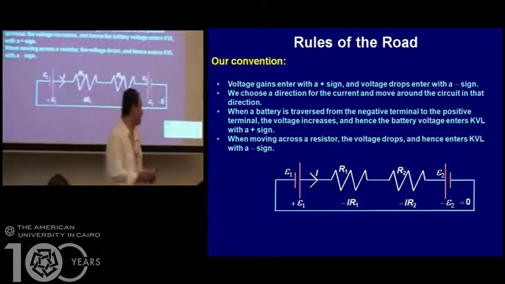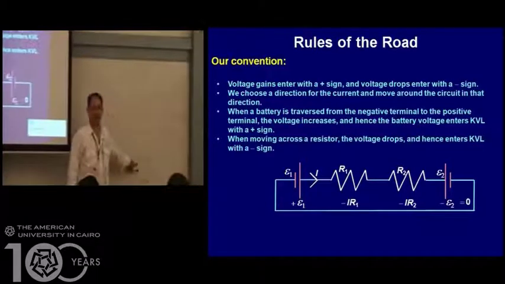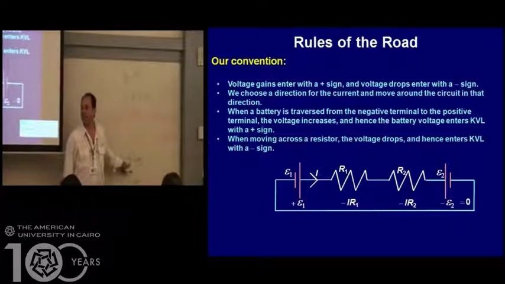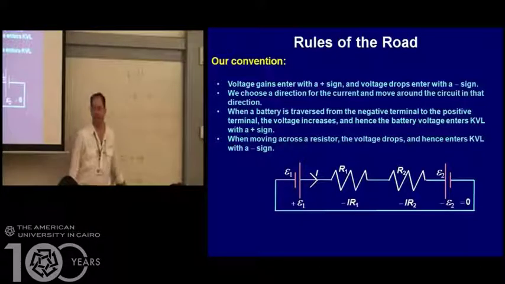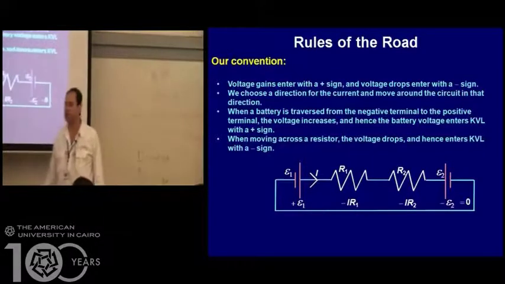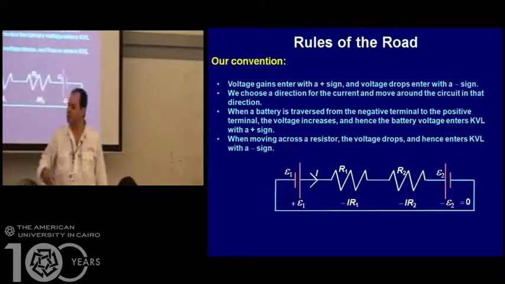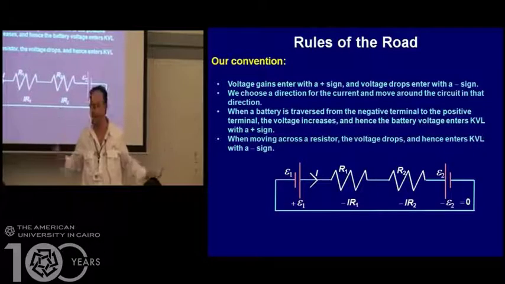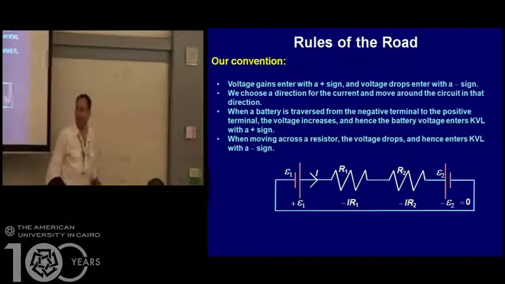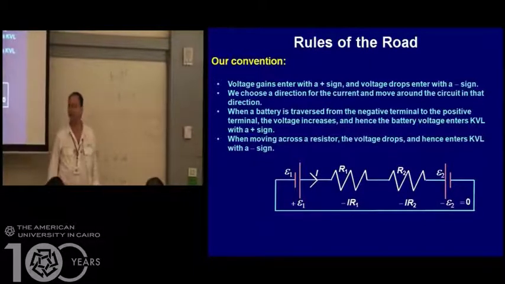The one that has a positive sign means that you have correctly chosen the direction of your current. The one that has a negative sign means that you have assumed the direction of the current wrongly, and you do not have to repeat the problem. You have to mention that the direction of the current is actually opposite to what you have mentioned on the drawing. That's all.